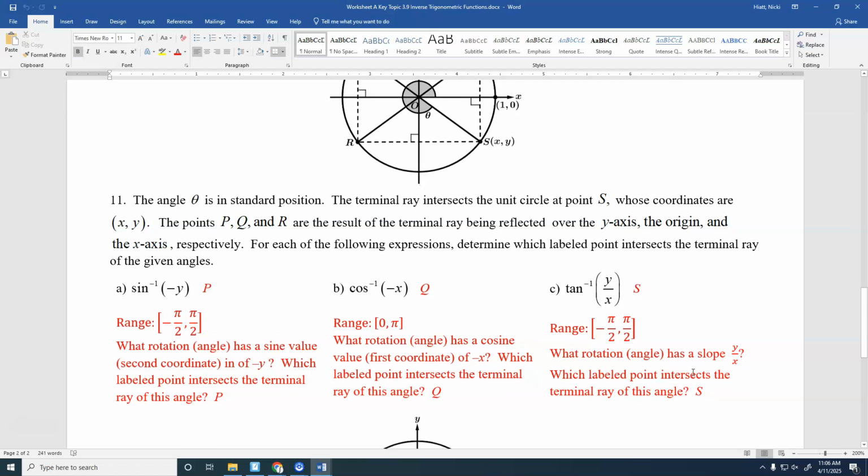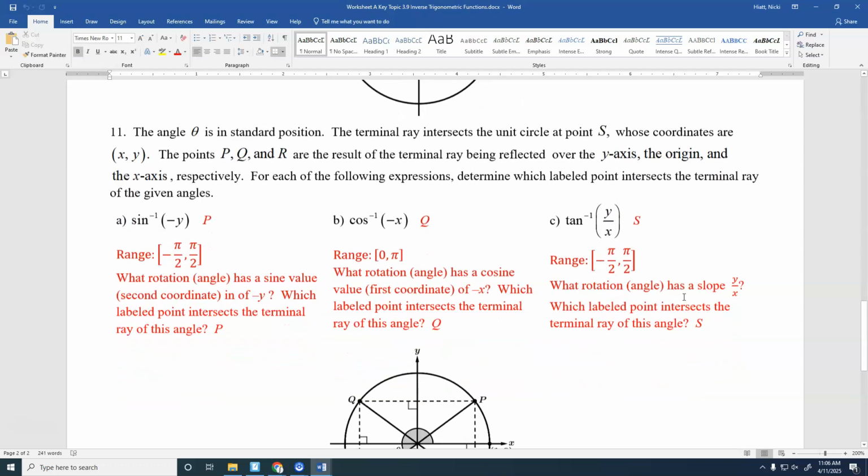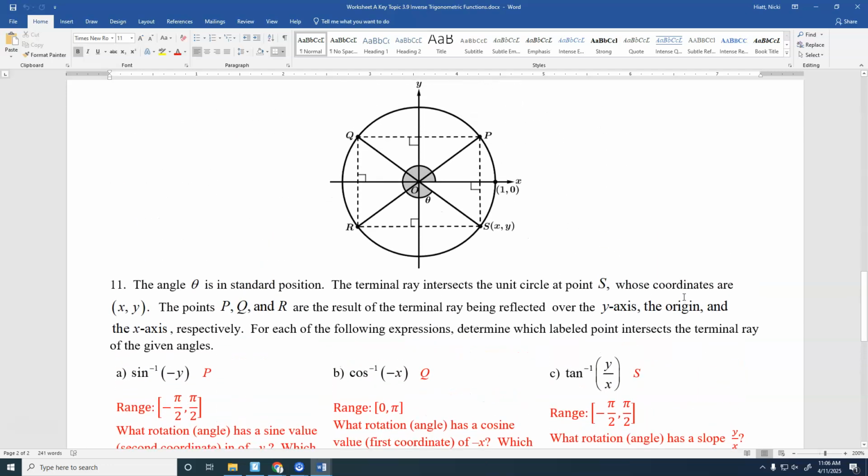On the back side, A is P, B is Q, C is S. Oh, you know what I did wrong earlier?